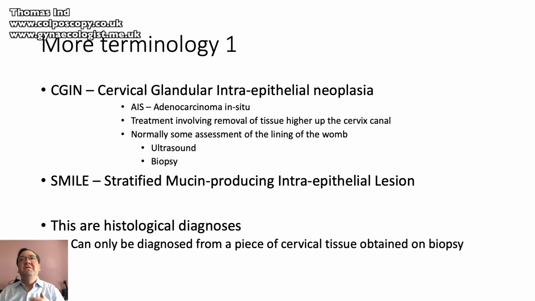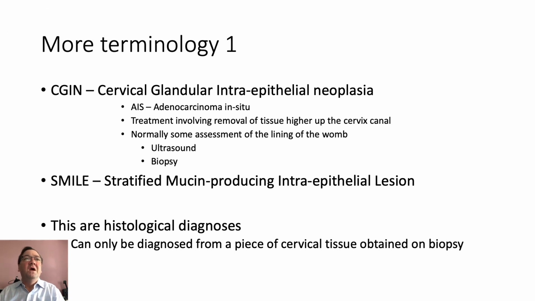So just to finish the terminology off, there are some other terms. CGIN is cervical glandular intraepithelial neoplasia, which is where there's abnormalities in the large mucus-producing cells. My American colleagues call it adenocarcinoma in situ.